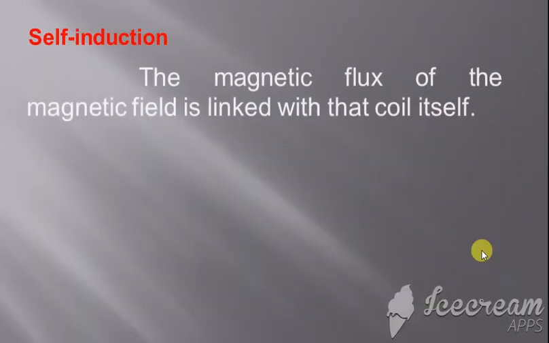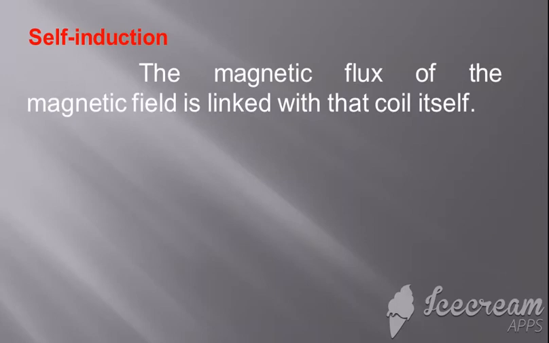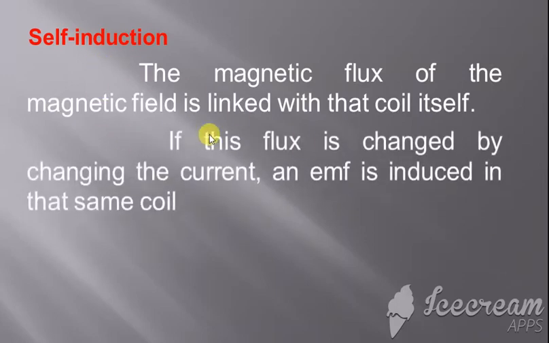Okay, self inductance. What is meant by self induction is that the magnetic flux of the magnetic field is linked with the coil itself. If the magnetic flux changes because of its own magnetic field, that is called self induction. If the flux is changed by changing the current, what happens?